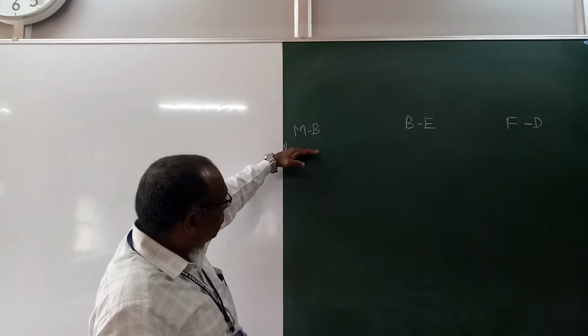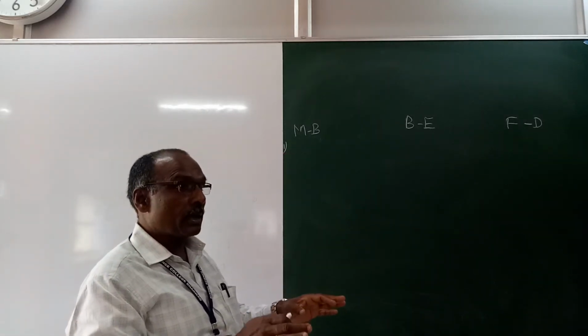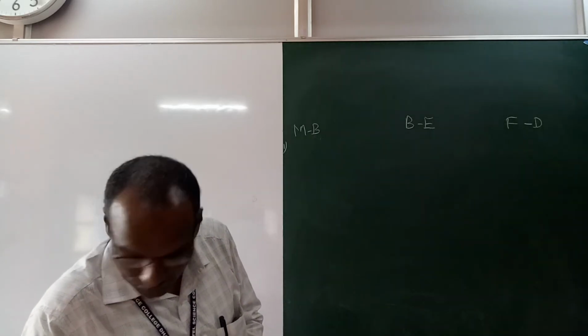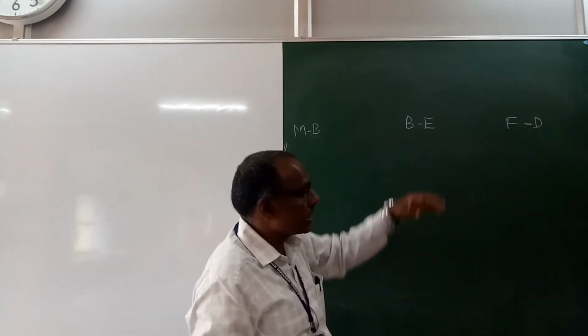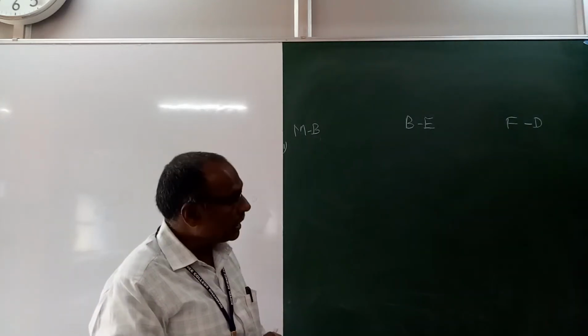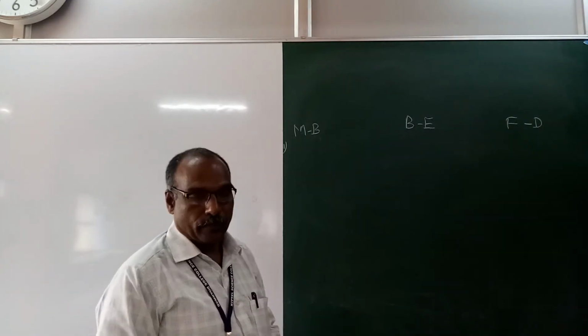In MB statistics, there is no restriction on the number of particles in a given cell. In BE statistics also, there is no restriction on the number of particles in a given quantum state or cell.